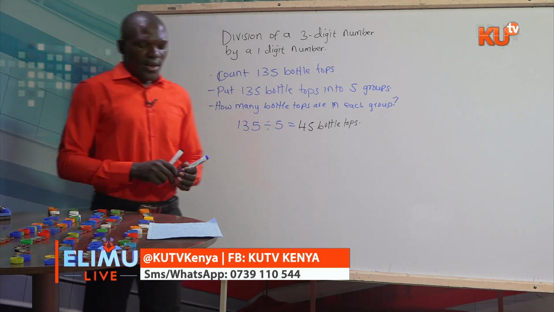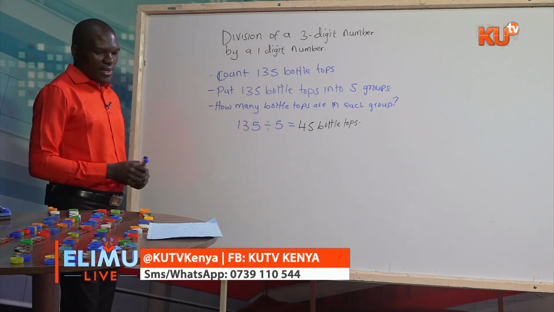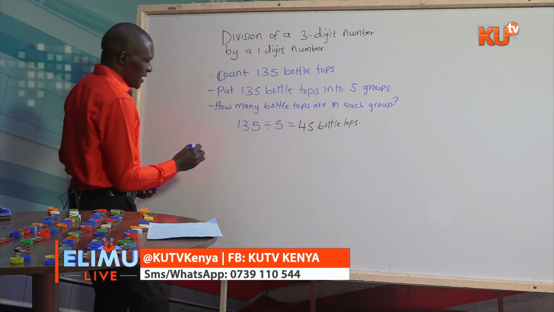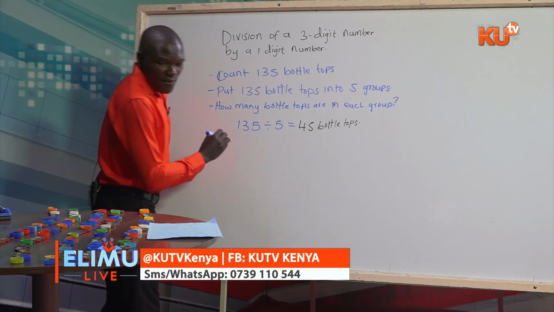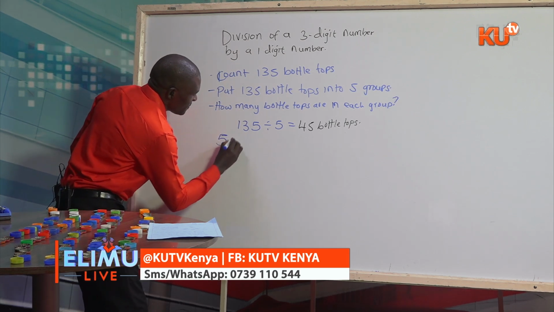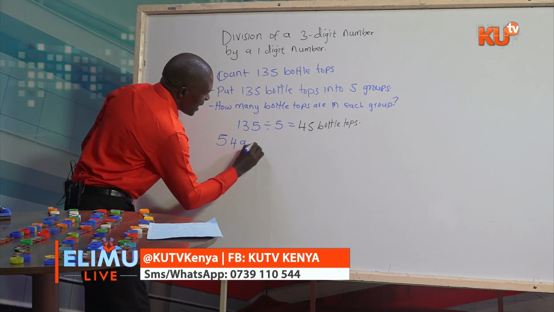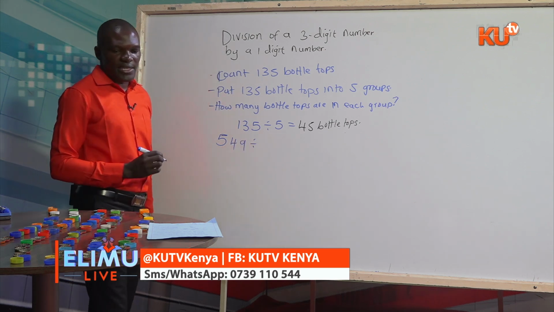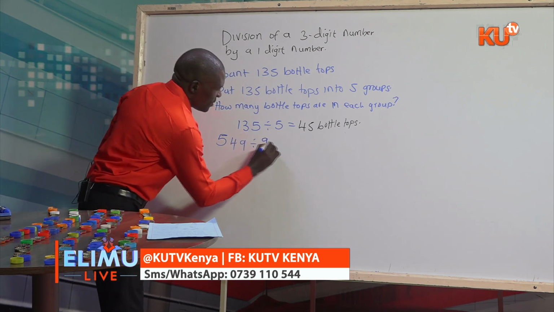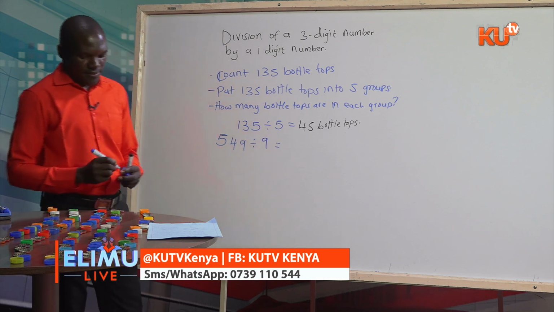And now, let us try working out using our method. We have 549, you are dividing it by 9.